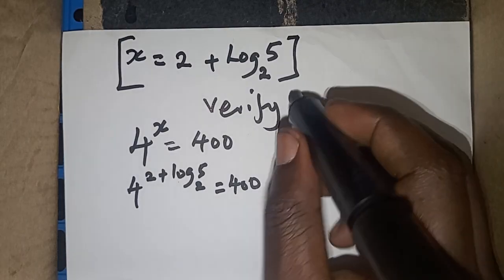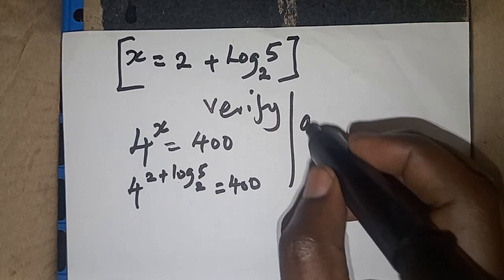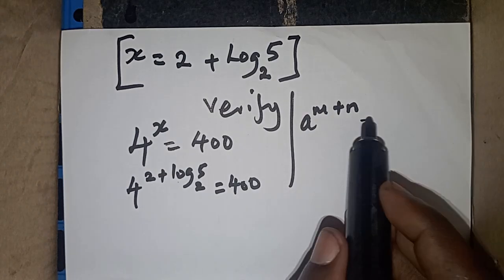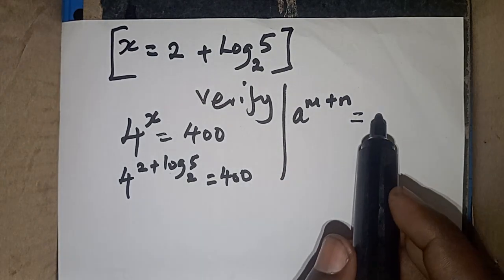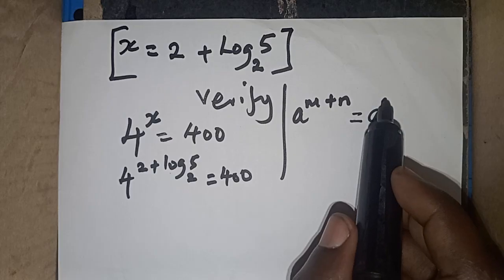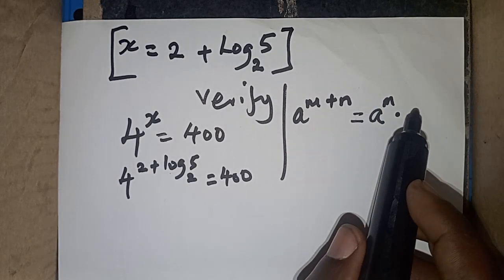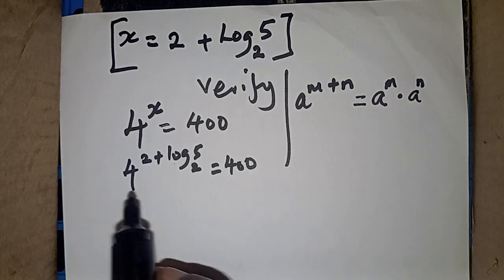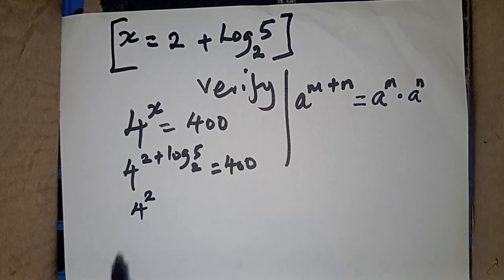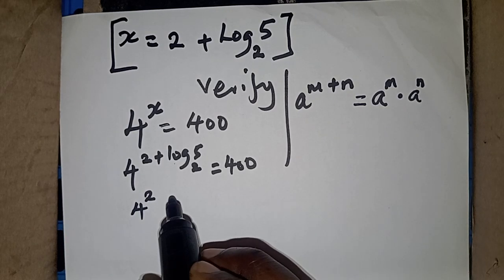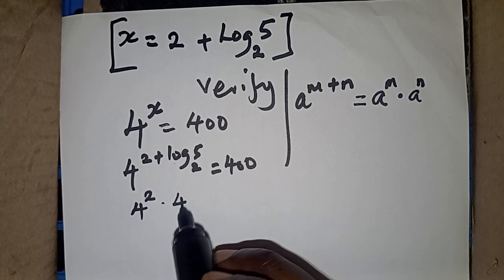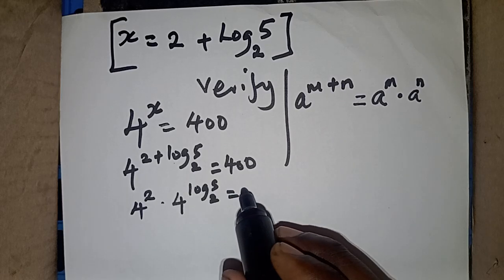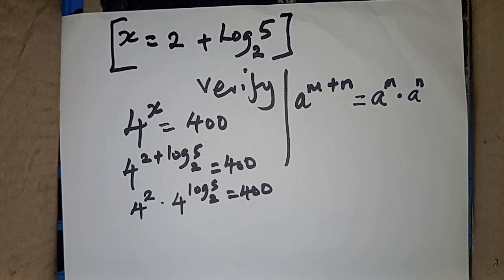But recall that when you have a raised to m plus n, another law of exponent, then this is the same as writing a raised to m multiplied by a raised to n. So here we have 4 raised to 2 multiplied by 4 raised to the log of 5 base 2 should give me 400.